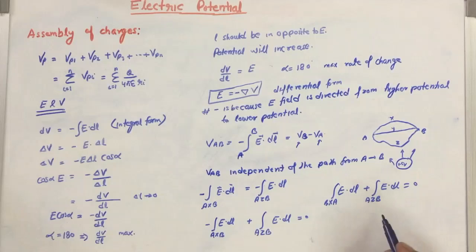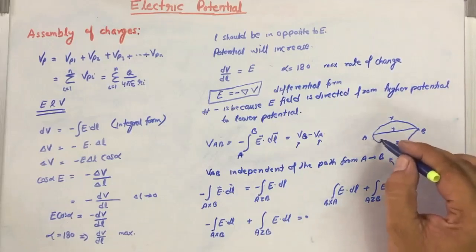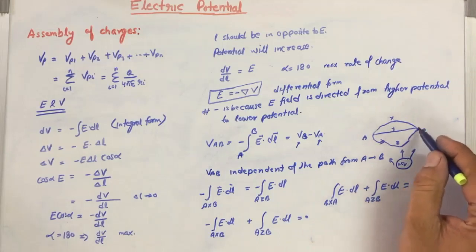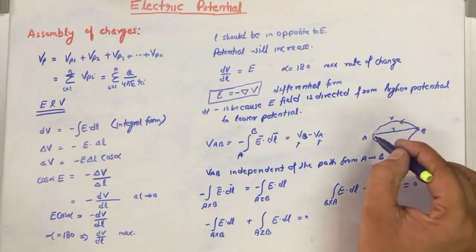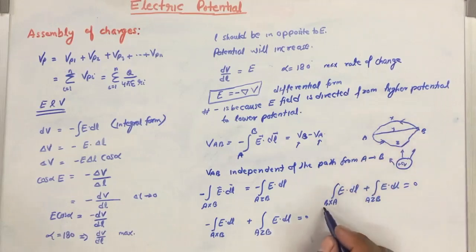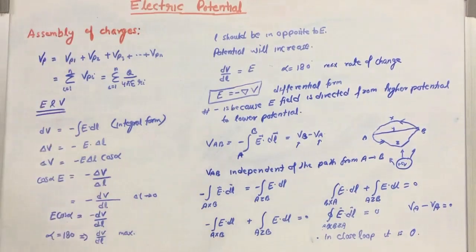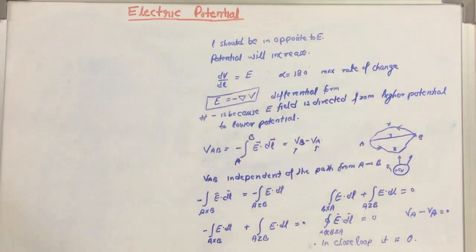What can we observe there? AZB and here BXA. Now it is known that in a closed loop the potential difference is equal to 0.